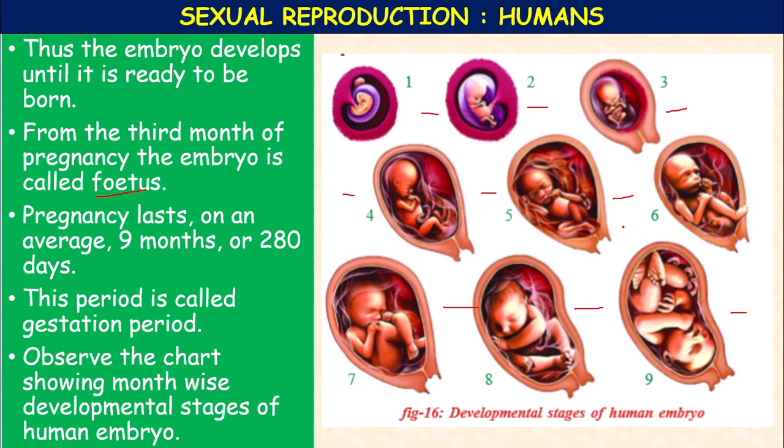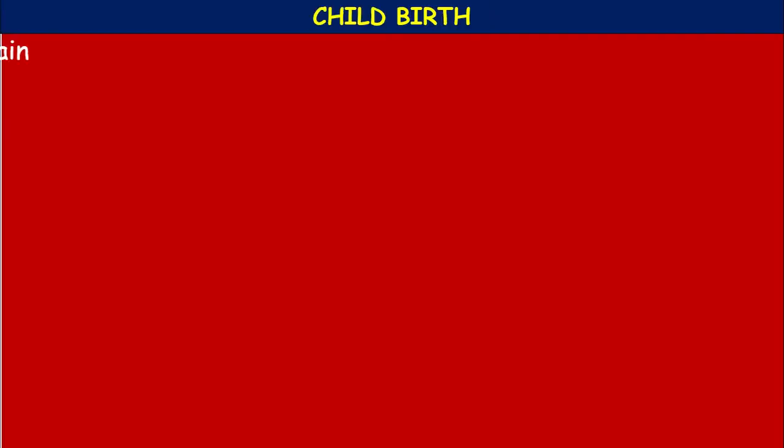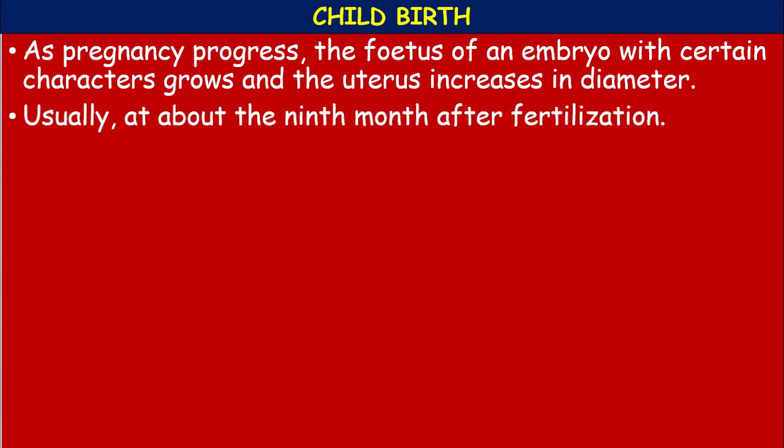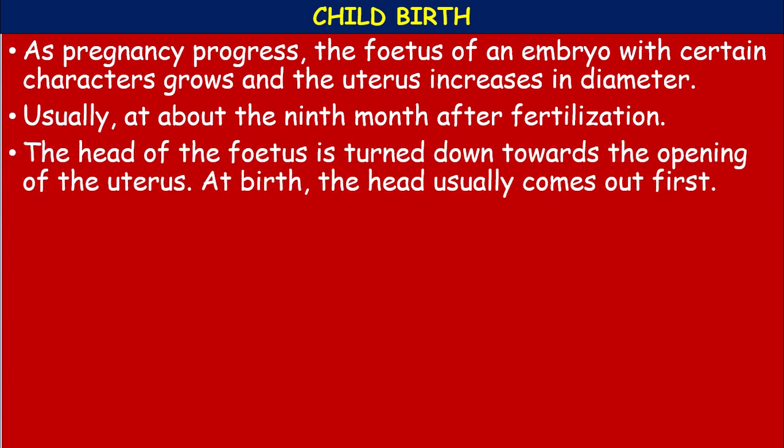The process of delivery of the fetus, or childbirth: the signals for the childbirth originate from the fully developed fetus and placenta. As the pregnancy progresses, the fetus grows and the uterus increases in size. The head moves down towards the cervix of the uterus, and at birth the head usually comes out first.